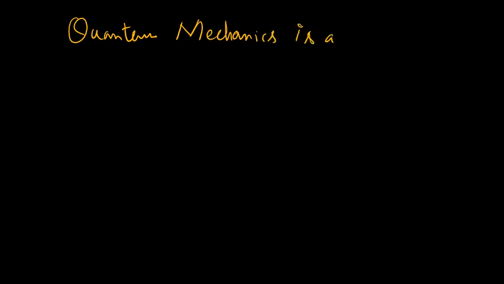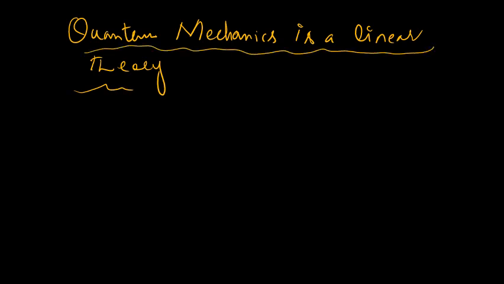Quantum mechanics is a linear theory. The main equation of quantum theory is the Schrödinger equation, a linear equation for a quantity called the wave function, which is represented by psi.